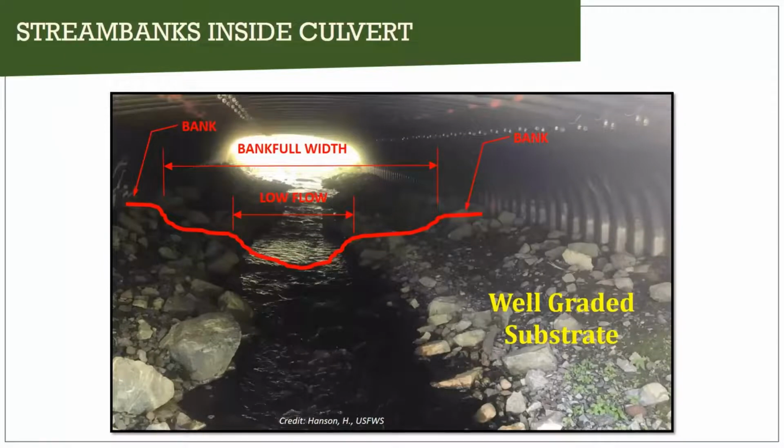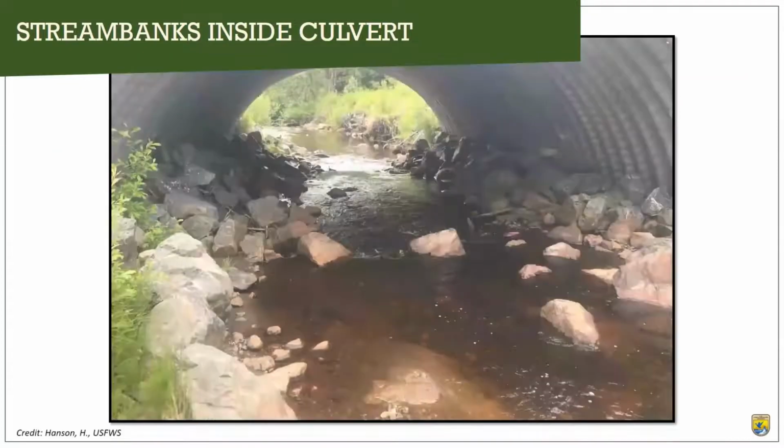Here's a culvert that was constructed with stream banks inside of it. We were maintaining our low flow channel and we're maintaining that flow on the surface because we have a well-graded substrate. We're going to talk more about that soon. Another culvert with stream banks inside, really large rock needed in this very large culvert in Tyonek.